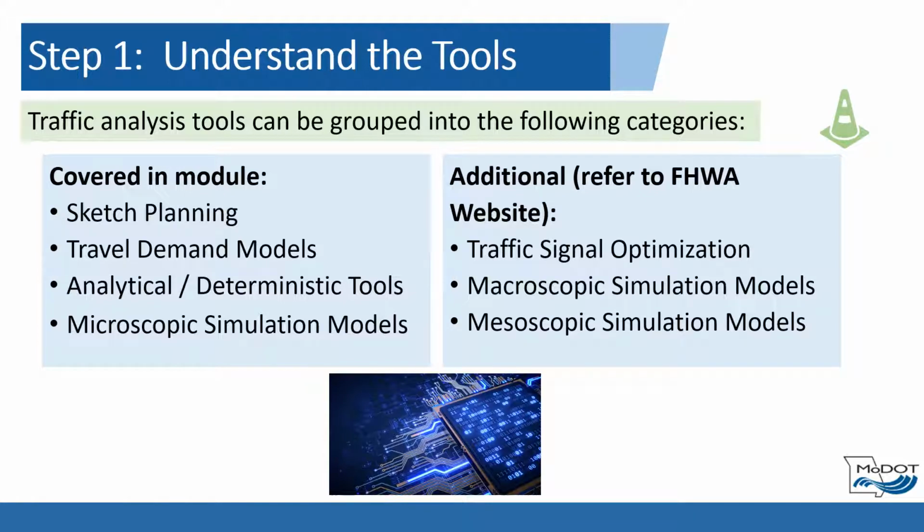Key differences in simulation model types to be aware of include: macroscopic tools take place on a section-by-section basis, microsimulation tools track individual vehicles, and mesoscopic tools combine properties of both microscopic and macroscopic models.